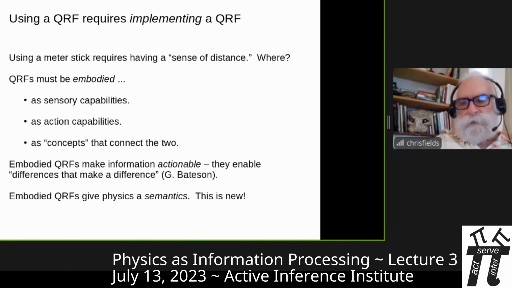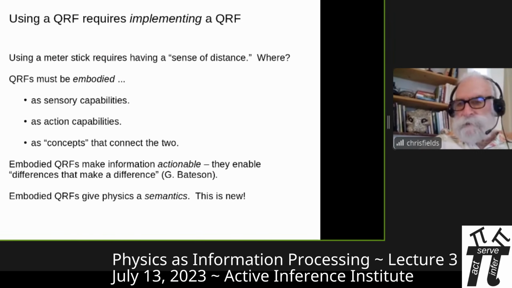So my internal reference frames are what make information I get from the world actionable. And in Bateson's sense of differences that make a difference, actionability is the core of semantics. Something is meaningful if I can do something about it.